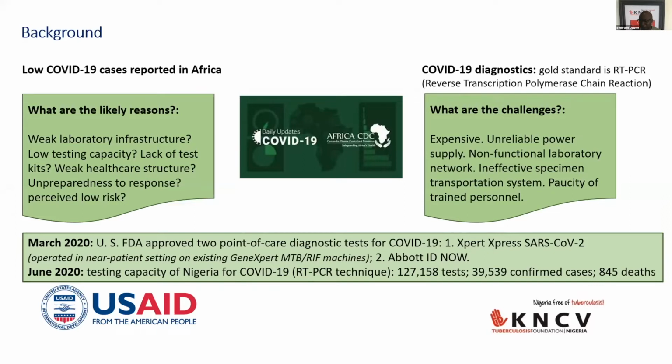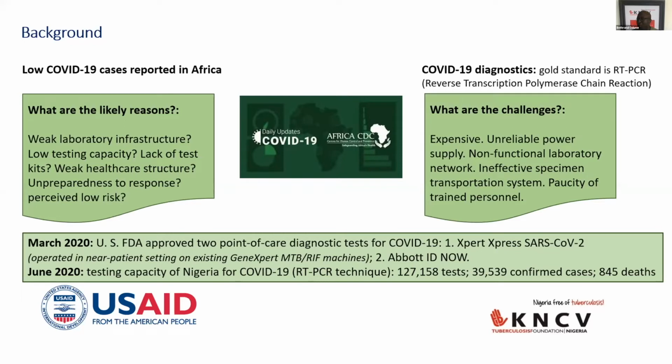Now, some background. What are the likely reasons we have noted low COVID cases in Africa? This can be ascribed to weak laboratory infrastructure, low testing capacity, even lack of testing kits, weak health infrastructure, unpreparedness for the response, and even perceived low risk, which has been ascribed to some other theories.